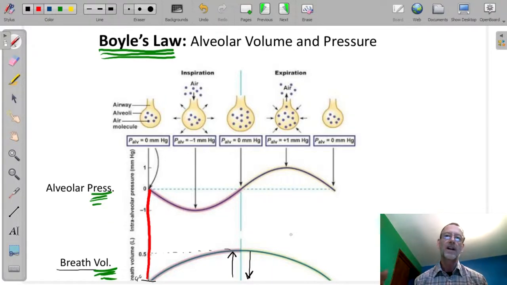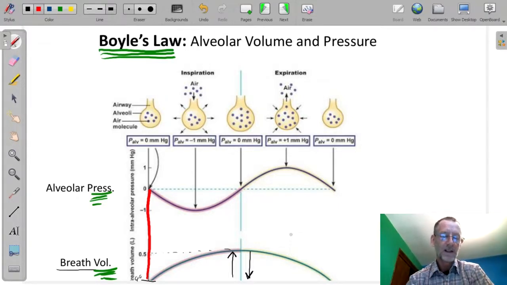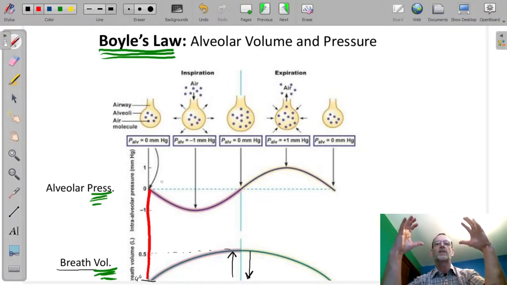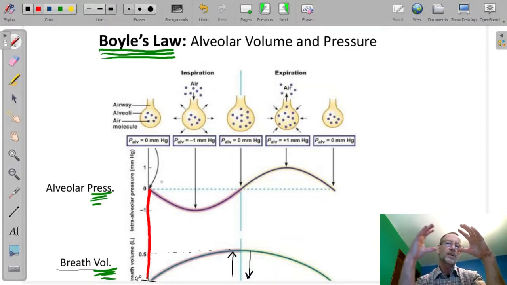We have not started to expand the volume. The volume is not moving, so pressure is 0. It's the same as the atmospheric pressure. They're equal. Because what we're doing is changing the volume in the lungs relative to the atmospheric pressure. Because the atmospheric pressure doesn't change while we breathe, of course. What does change is your lung pressure.